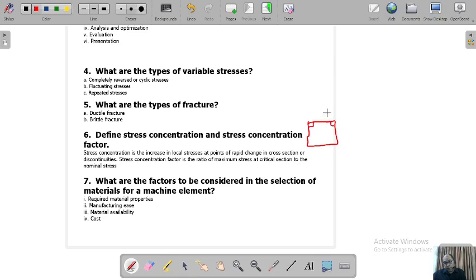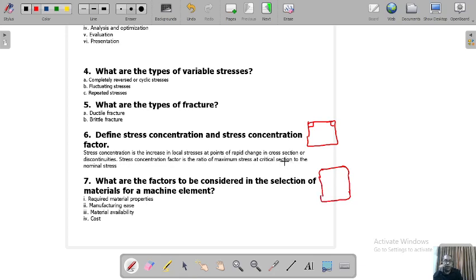We always want this shape to be filleted like this, not sharp. We do it in order to reduce the stress concentration.